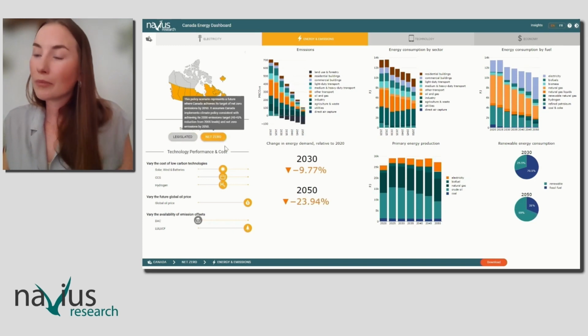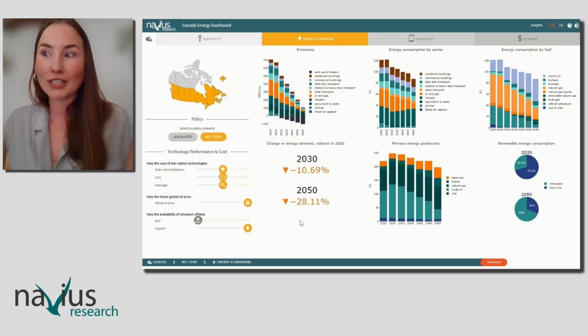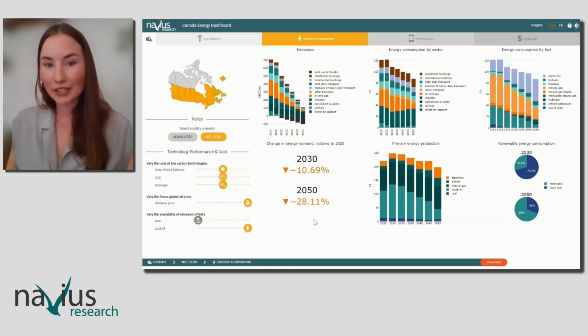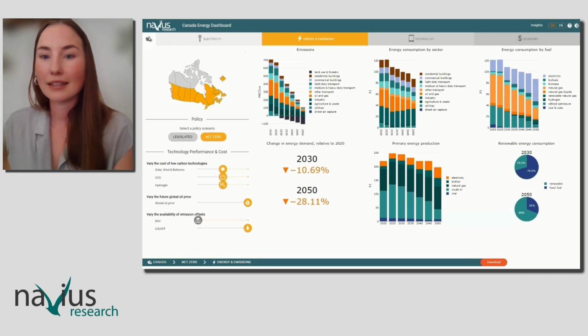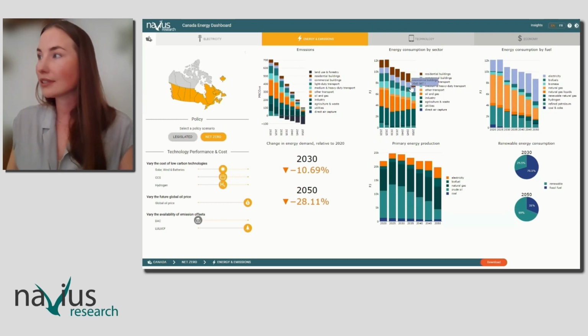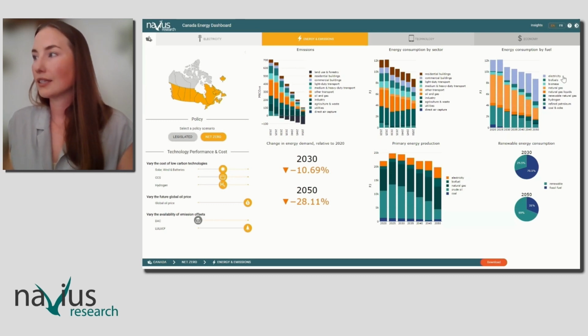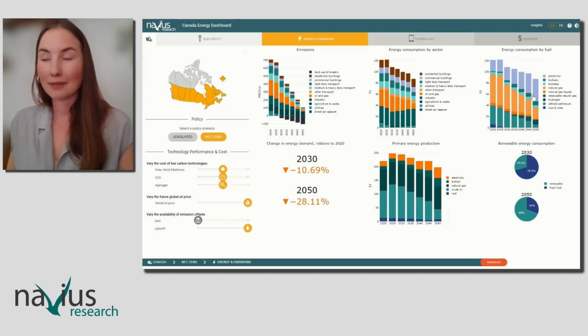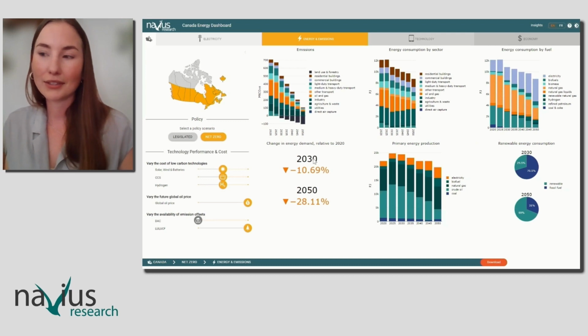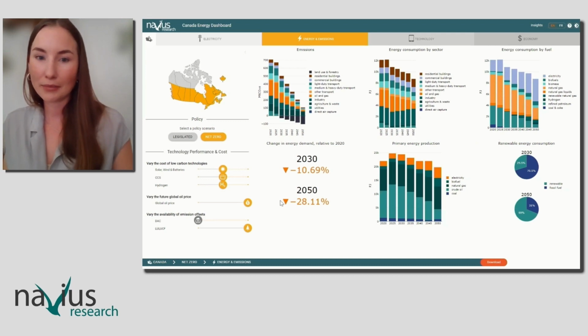But under net zero policy, most of this reduction in energy consumption is being driven by electrification, because electricity is a more efficient energy source than fossil fuels. You can see in this energy consumption figure that a larger portion of our energy consumption is electricity over time, and a smaller portion is natural gas and petroleum. And that is what is mainly driving this reduction in energy consumption.